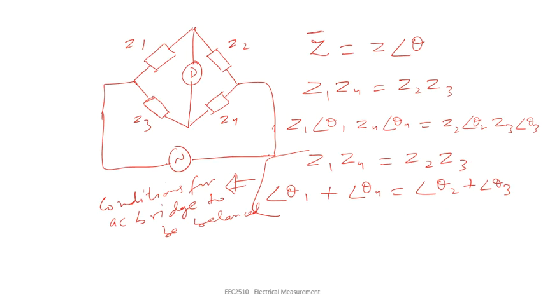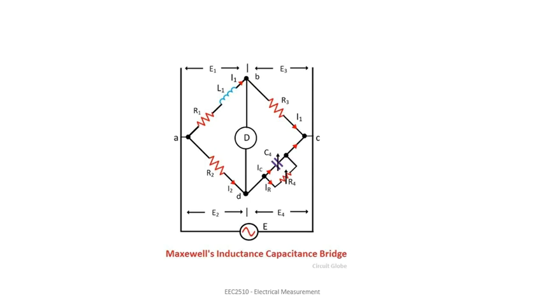With this discussion, we also discussed the Maxwell inductance capacitance bridge. First of all, we discussed a simple form of Maxwell bridge which does not include a capacitance, and next we discussed this form, the Maxwell inductance capacitance bridge, which contains a capacitance in this circuit.